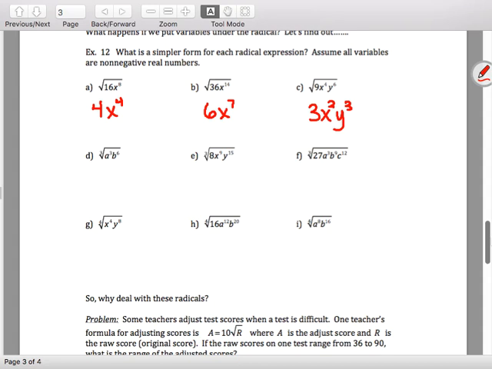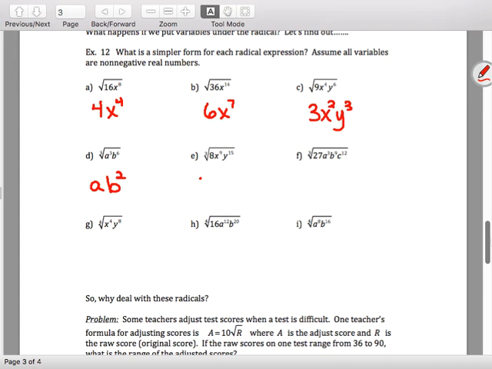Now watch this. Letter D is a cube root. I'm going to blow your minds here. The answer for letter D would be a b squared. What did I divide by? 3. All right, does somebody want to try letter E? Somebody feeling really confident that it's a cube root of 8? Chris, what do you think?